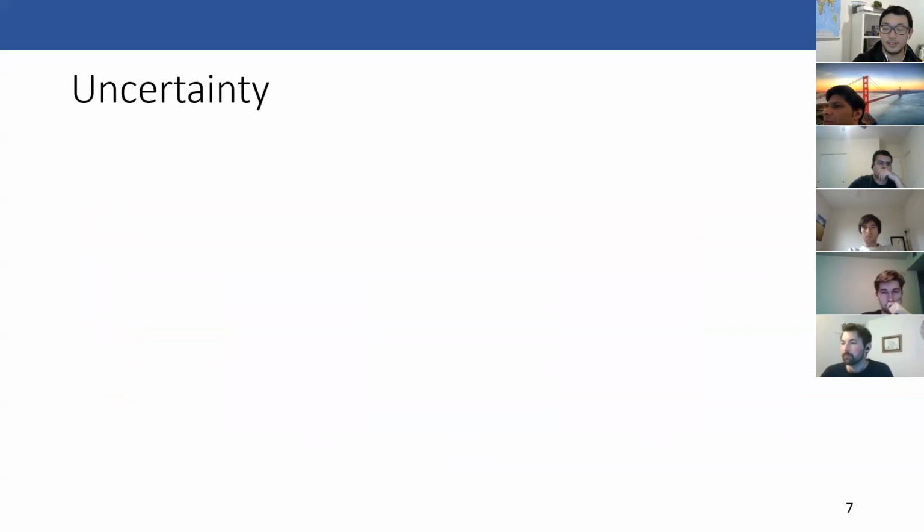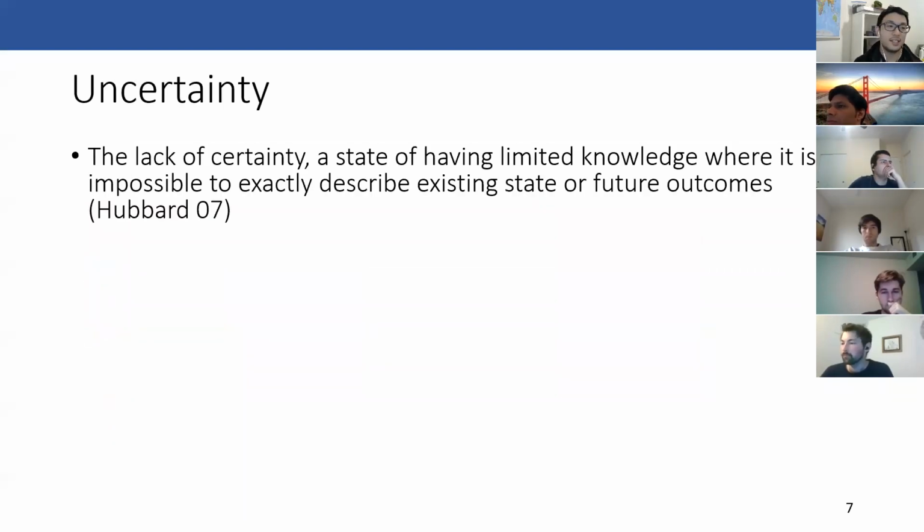so uncertainty is the lack of certainty, a state of having limited knowledge where it's impossible to exactly describe the existing state or future outcomes, right? Basically, if there is something unknown about some state of knowledge, then that means you have less confidence in any one particular set of results.